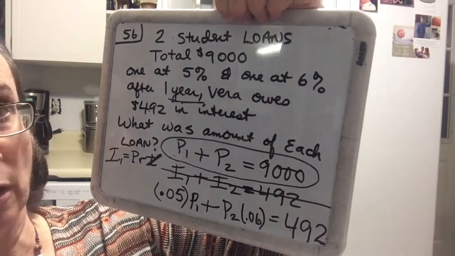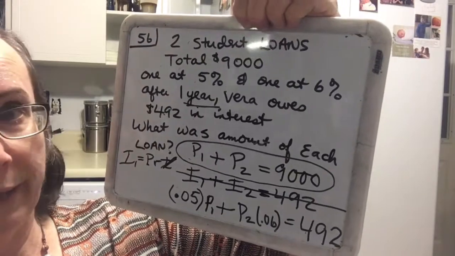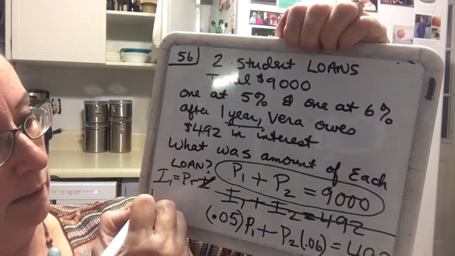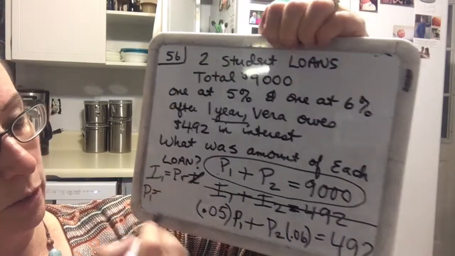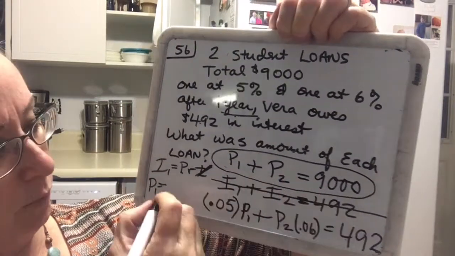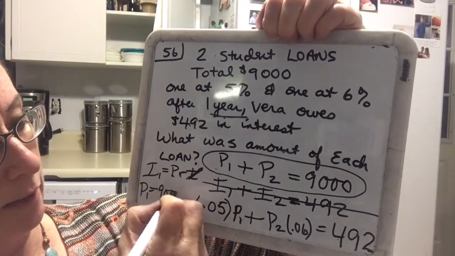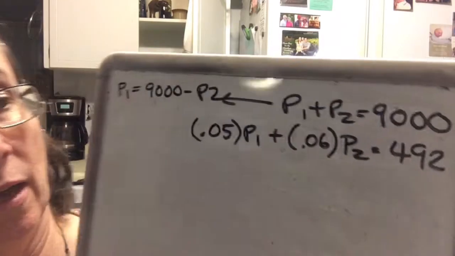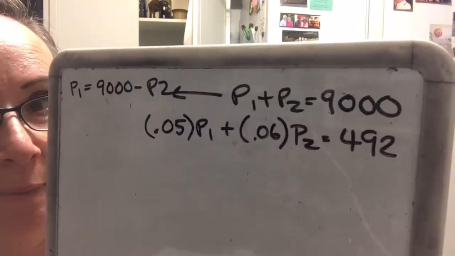I'm going to choose to solve for P1. So P1 is equal to 9,000 take away P2.